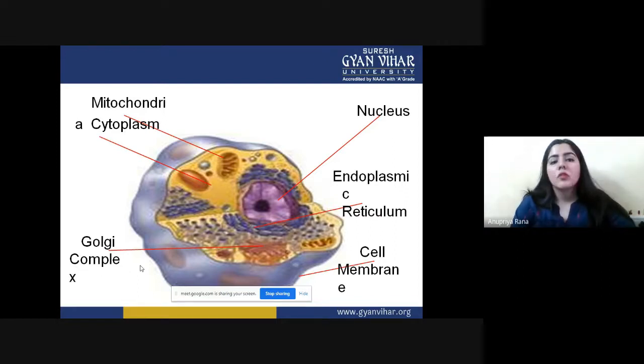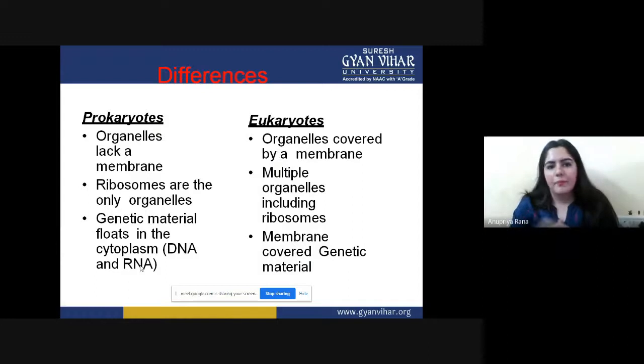This whole membrane-bound concept: the mitochondria have a membrane, the Golgi has a membrane, the ER has a membrane, the cytoplasm we will take up later. These things are characterized by having a membrane, and that's why they come under the eukaryote cell.